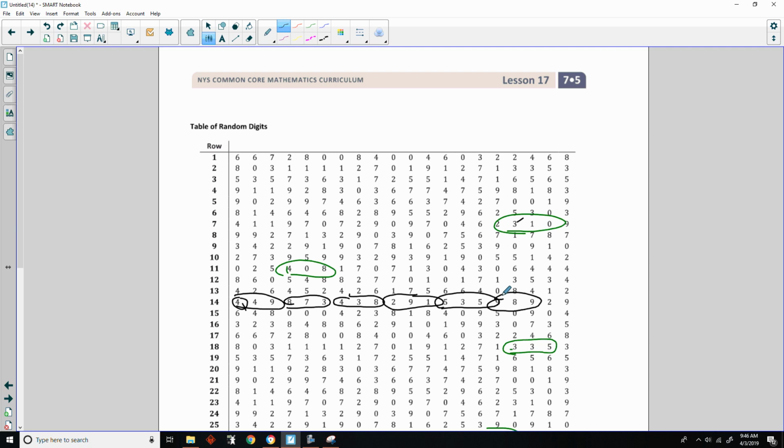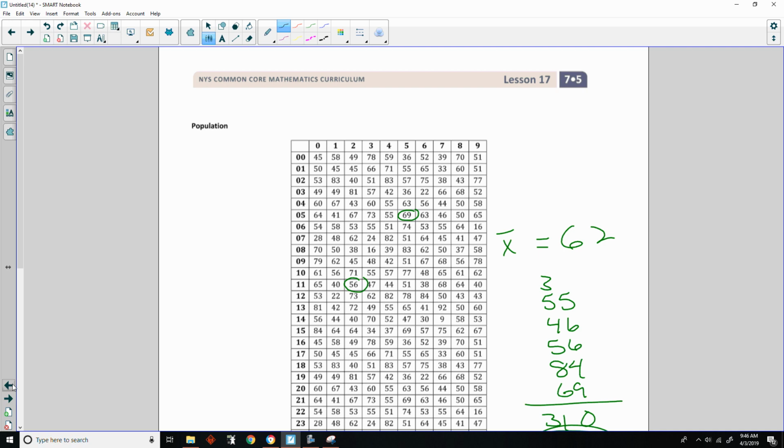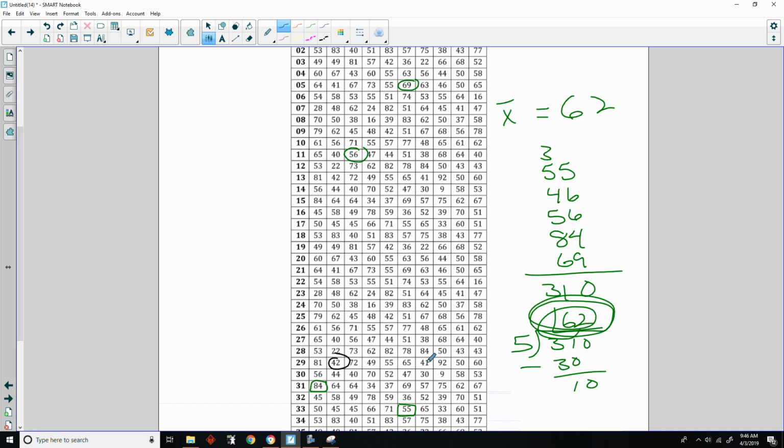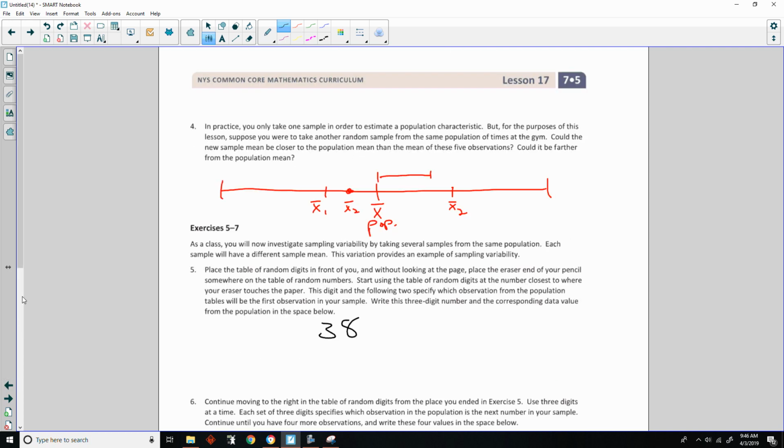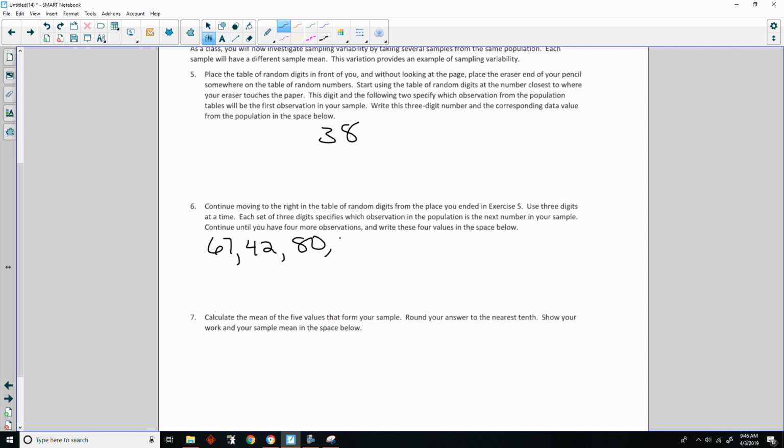And that is 989, but it's too big. So I go 296. 296, 0, 1, 2, 3, 4, 5, 6 is 41. So there are my 4 more.